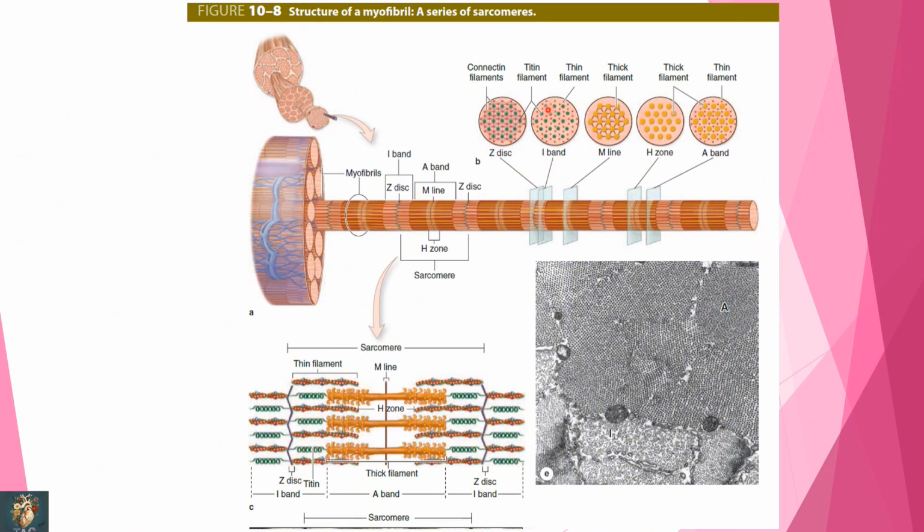Then in the I band you can see the actin filaments along with the titin. Then in the M line you can see only the thick filaments, present in the H zone, in which tail areas are present, and in the A band you can see the tail and head of the myosin filaments, and the actin filaments are also present.